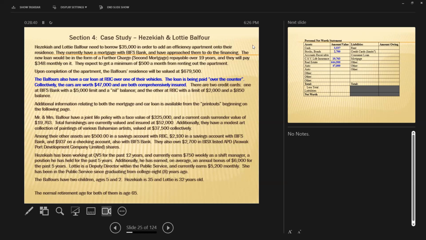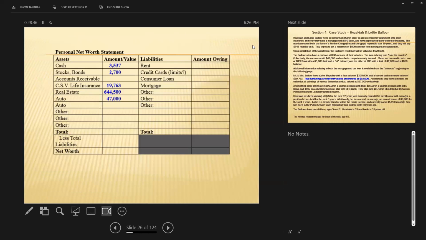So what we'll do is, since we've been given information for both cars, we will put that lump sum in there, 47,000. Now, under normal circumstances, we would show them separately, or you could do them collectively.